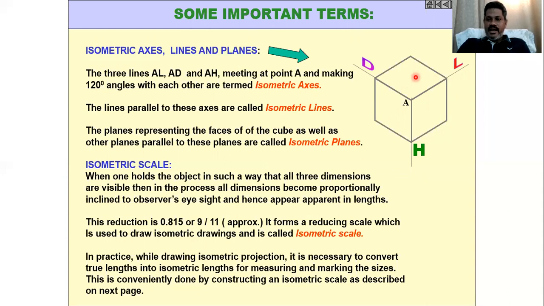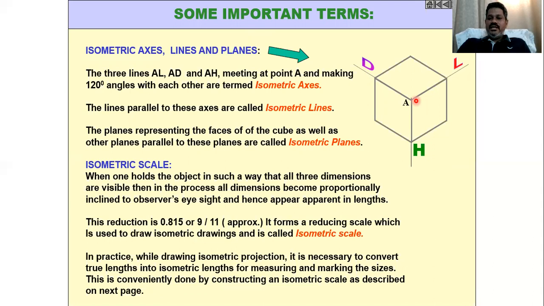The planes which are connected to the isometric axis are called the isometric planes. In other words, the planes which are parallel to the isometric planes are also called the isometric planes. So we have these three isometric planes, and the planes which are parallel to these three can also be termed isometric planes.